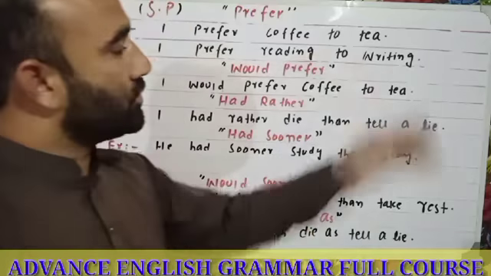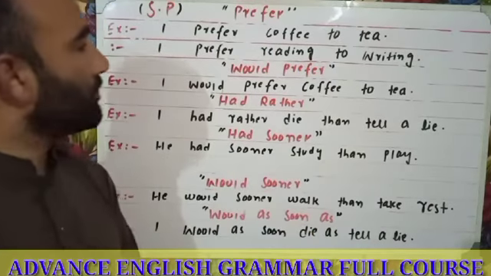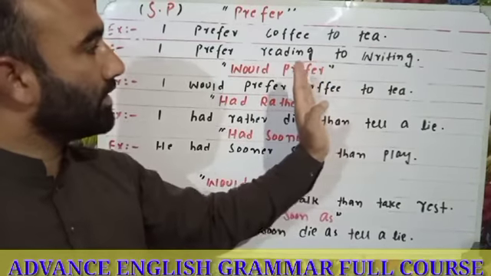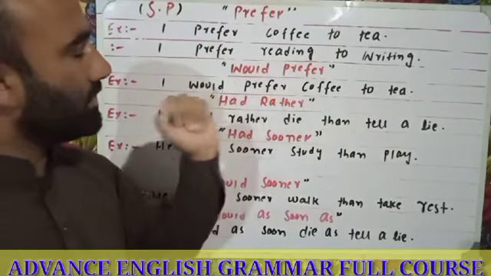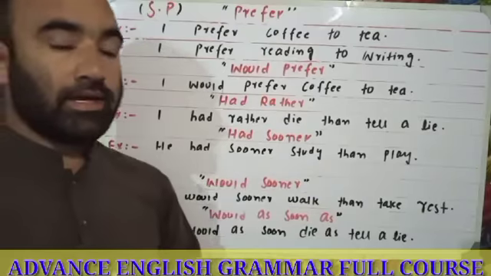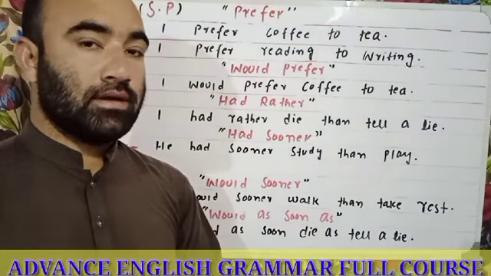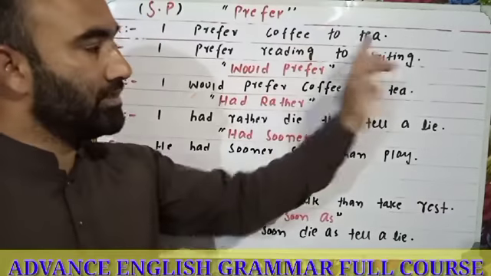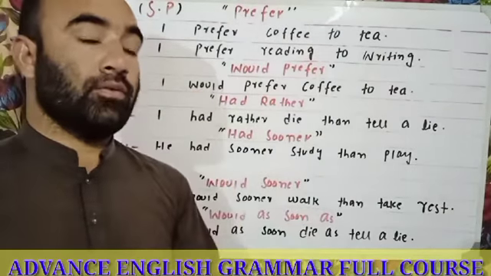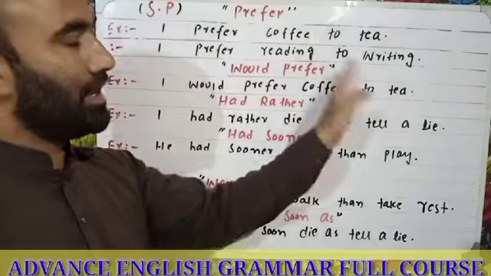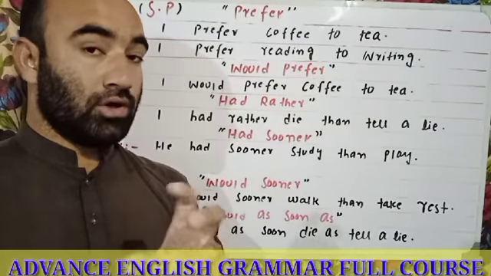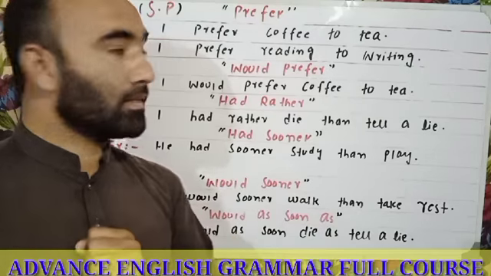Okay, so these two words, they are gerunds. I prefer reading to writing. Whenever we are making the nouns from the verbs, the ing form must be there with that, because they play here the role of nouns, not the verbs.